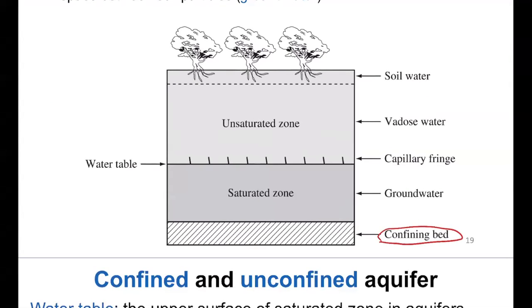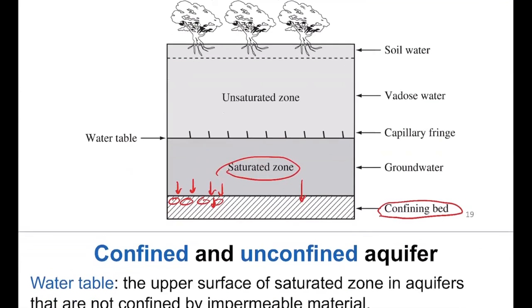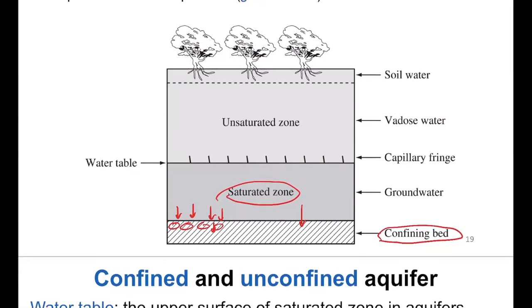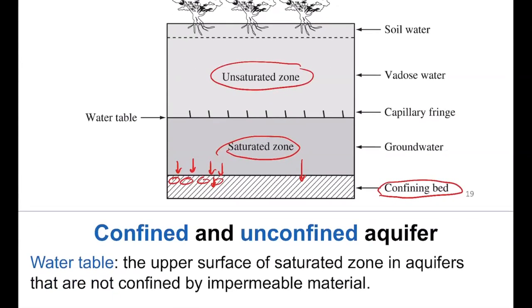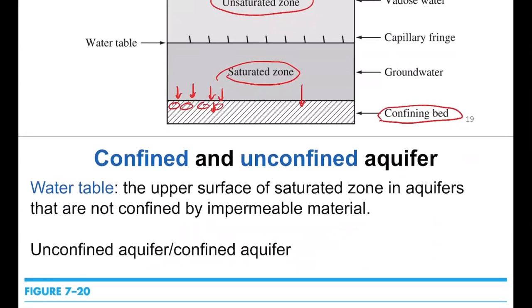Okay, so you have a confining zone where the rock basically doesn't have any pores. All right, so there's no way that the water can further go down here. That's why you have this saturated zone, because water cannot further go through the infiltration. Right, so you have the trees at the top, and then you have an unsaturated layer of water, and then you have a saturated layer of water.